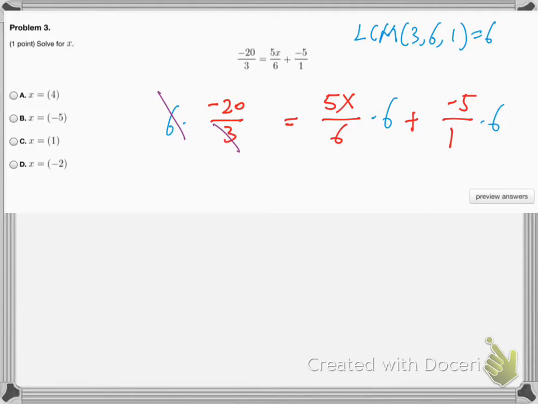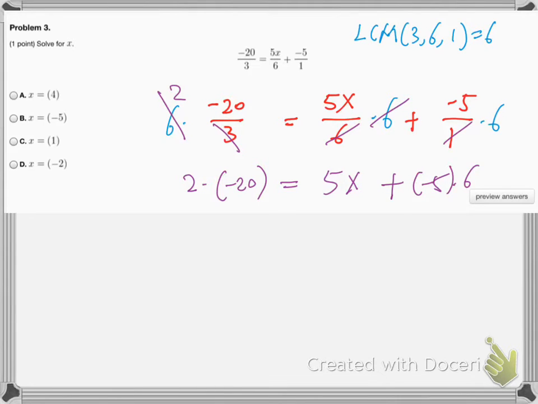And then we can see 6 and 3 cancelled. We got a 2 here. 6 cancelled. And then 6 divided by 1, we got 6. So now we have a new equation, 2 times negative 20 is 5x plus negative 5 times 6. So this is negative 40 is 5x plus negative 30.